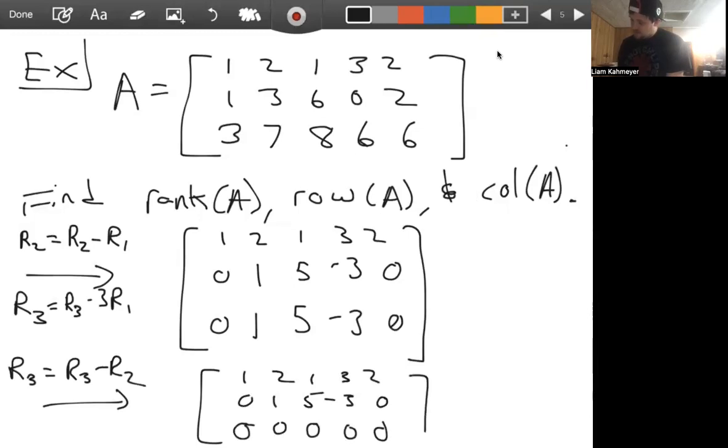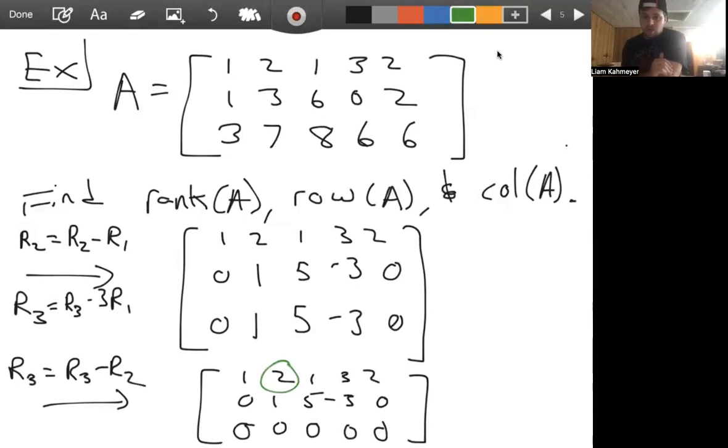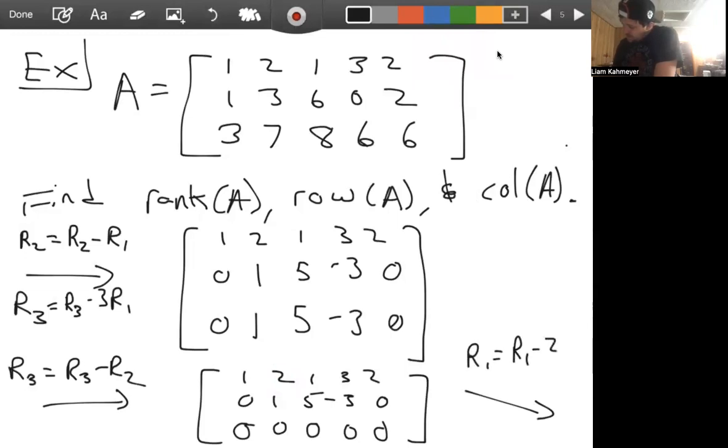We are not quite in reduced row echelon form yet because we still have this 2 above the 1 in the second column. So how do we get rid of that? We can say that row 1 is equal to row 1 minus 2 times row 2.